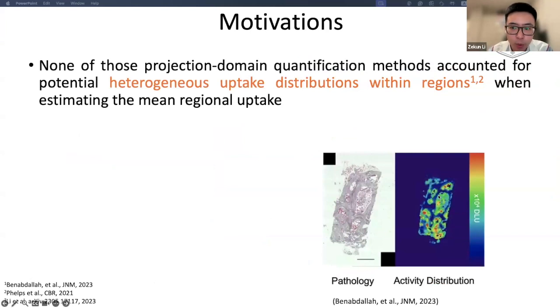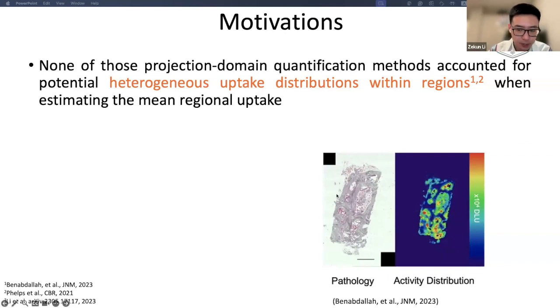However, none of the above mentioned projection domain quantification methods accounted for the potential heterogeneous uptake distribution within regions when estimating the mean regional uptake. This intra-regional heterogeneity has been observed to be present in previous studies, as shown in this figure.